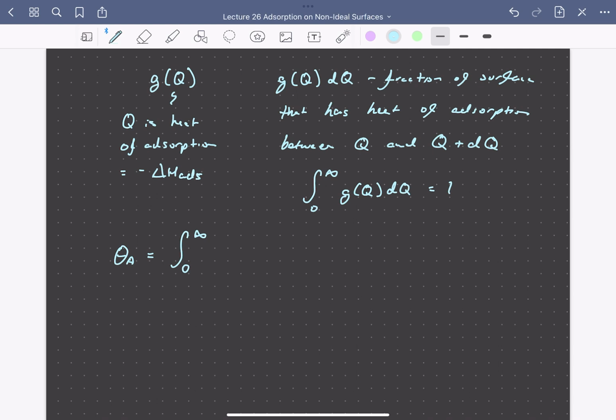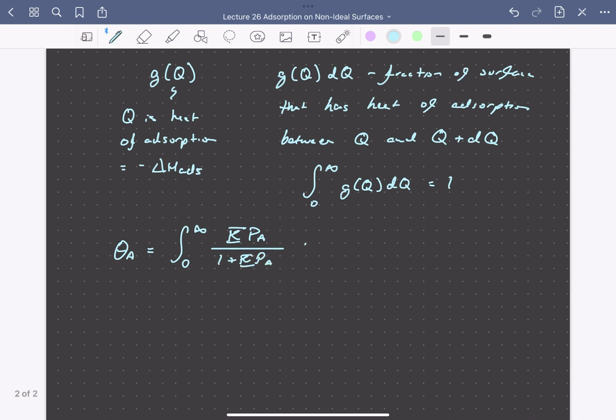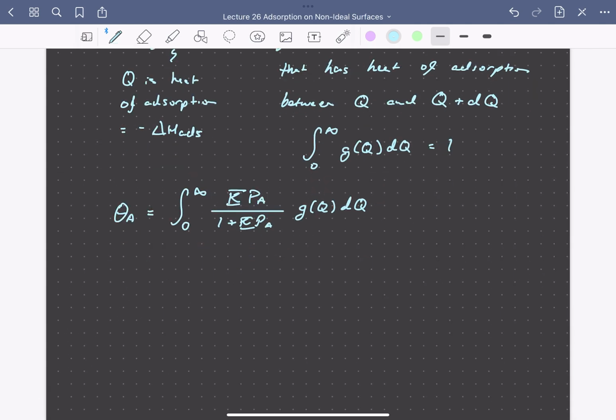What this allows us to do is to write the coverage of A as the integral from 0 to infinity of essentially a Langmuir isotherm times g of q dq. And you can note here that K is going to be a function of q. Of course, each K is going to be equal to e to the minus delta G of adsorption over RT.